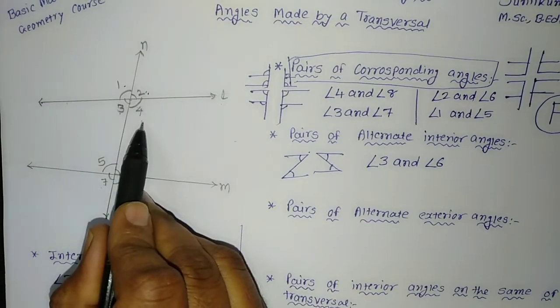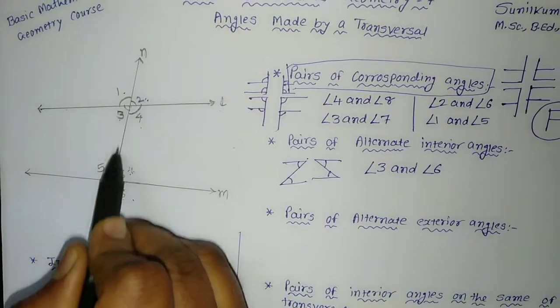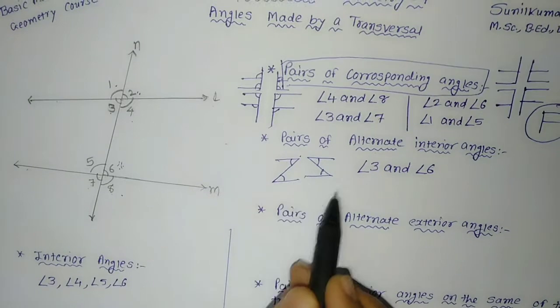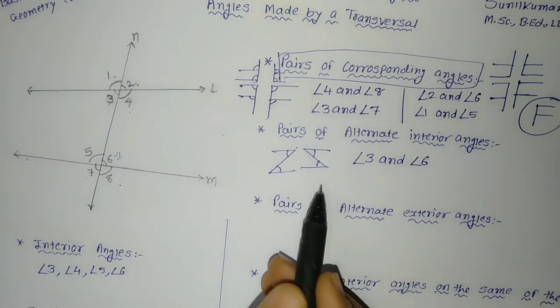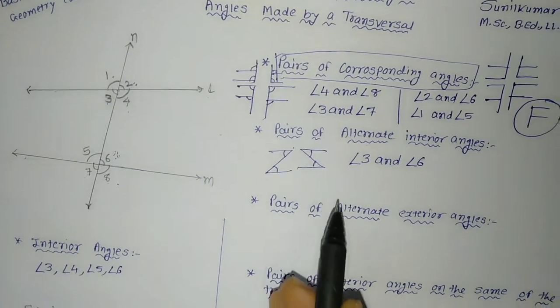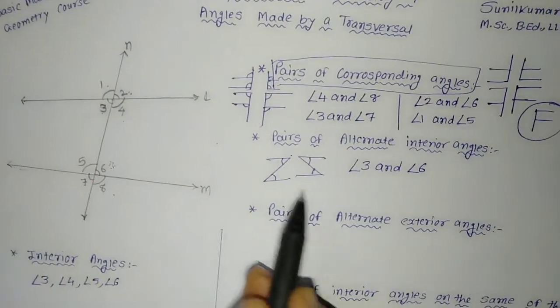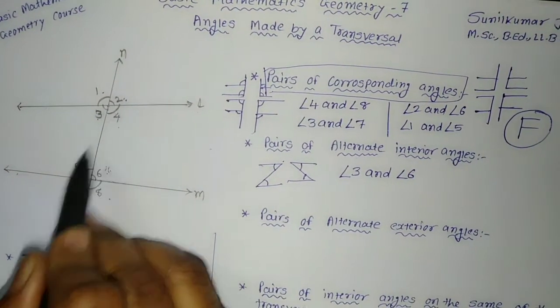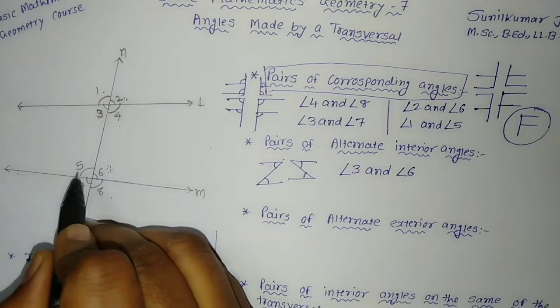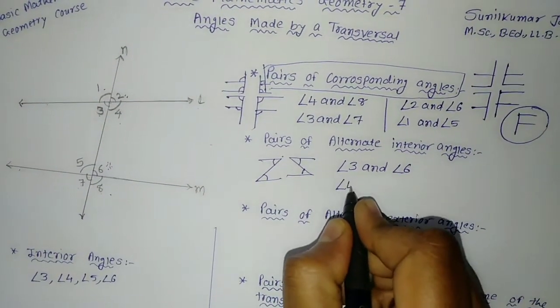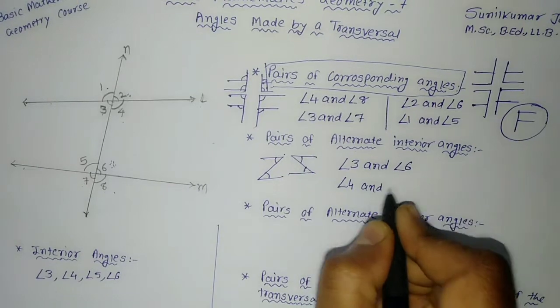Here in this figure you can see an S reverse to the Z, or we can take the inverse, the symmetrical image. Then it is 4 and 5. So angle 4 and angle 5.